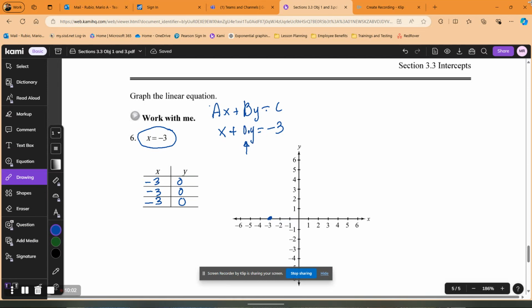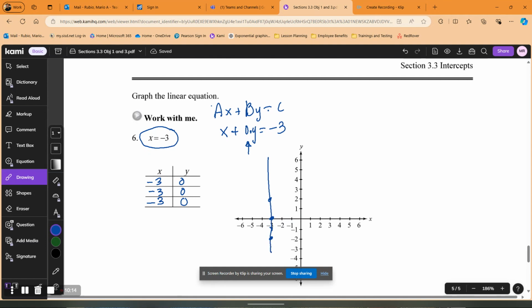No matter what value we pick for y, x is always going to be negative 3. So is this a vertical or horizontal?